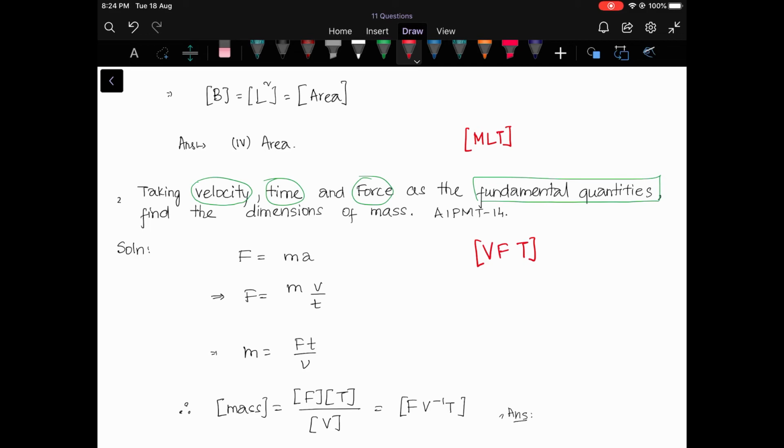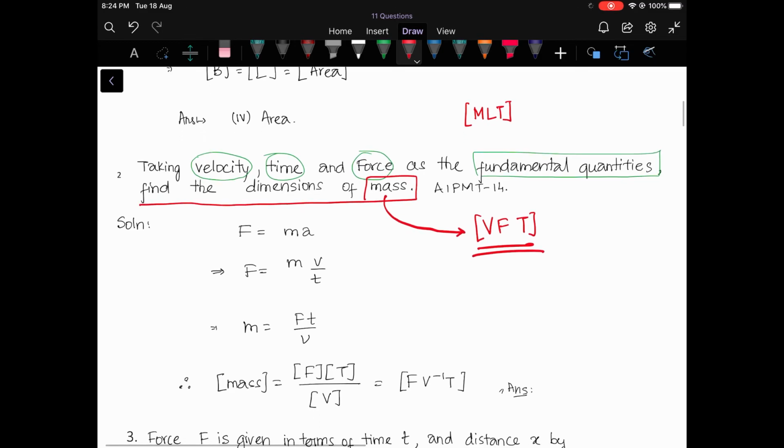And then according to this we must find the dimension of force. So the dimension of mass should be expressed in terms of these fundamental quantities, that is your velocity, force and time. In order to do that, we write the relation between velocity, time, force and mass. So we have written F equals ma.